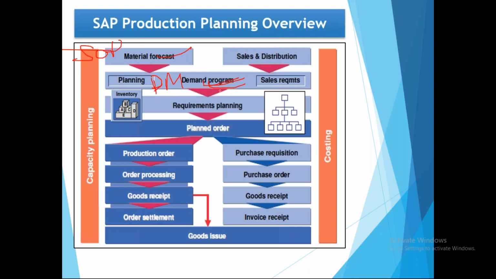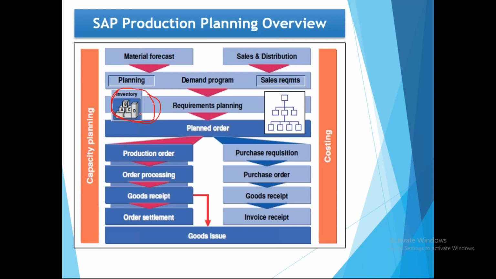Once your demand is ready, two types of demand, one is forecast, one is customer orders. And once the demand is ready, you do MRP, material requirement planning. This we will be covering in the MRP topic. Once you run MRP, the system checks the existing inventory stock of that particular product.